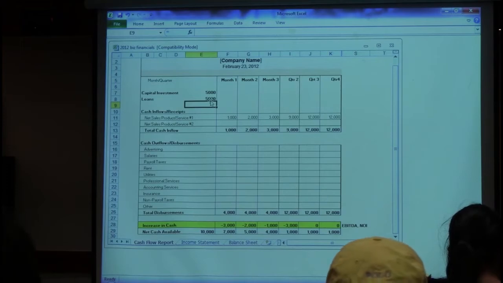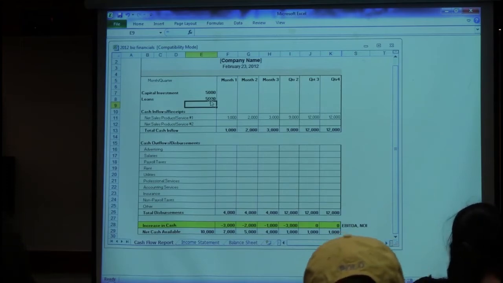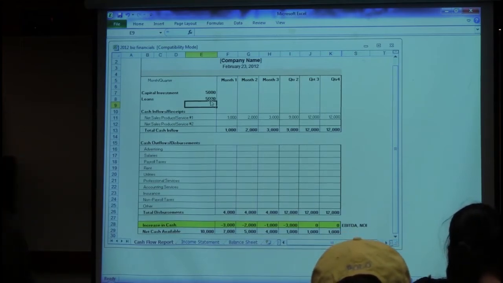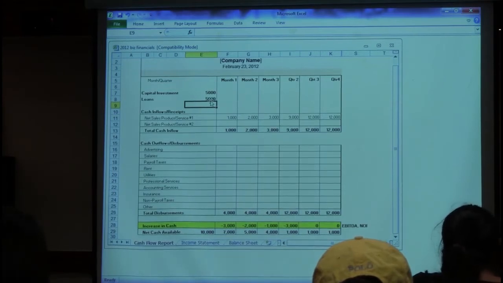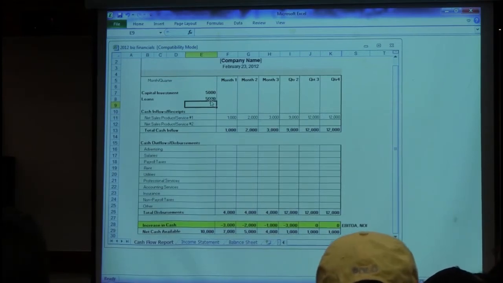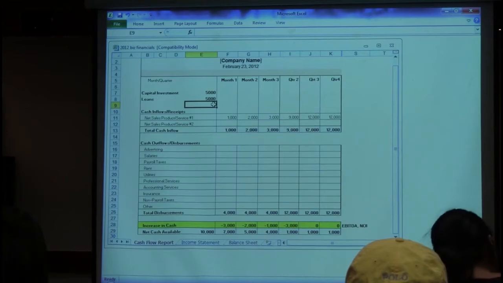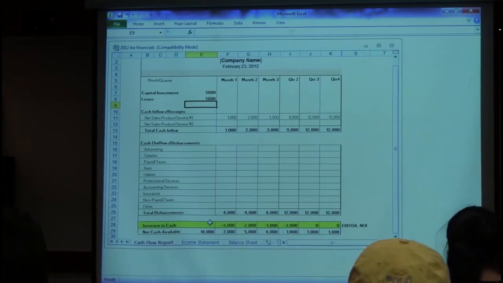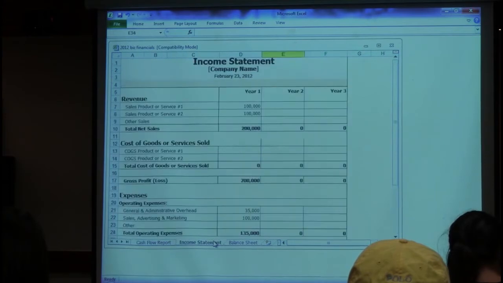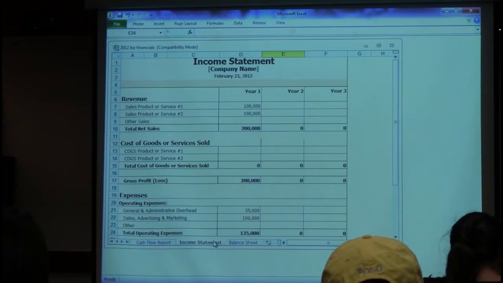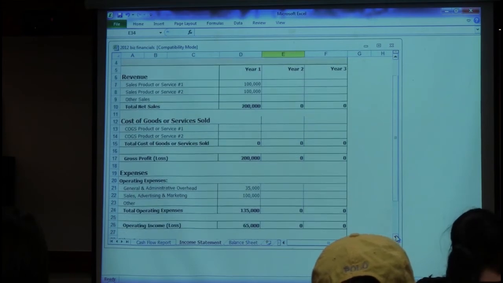Well, that was easy. Okay, on to the income statement. And this is really handy. It's just on the same sheet, essentially. There is a sample income statement. Let's see if we can get it all on the screen.